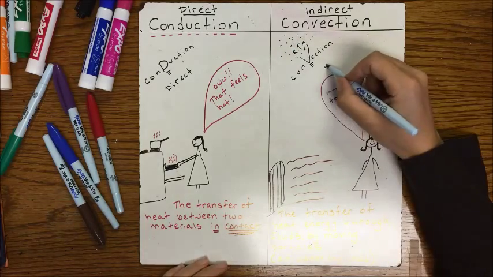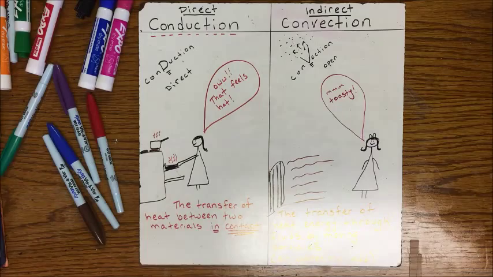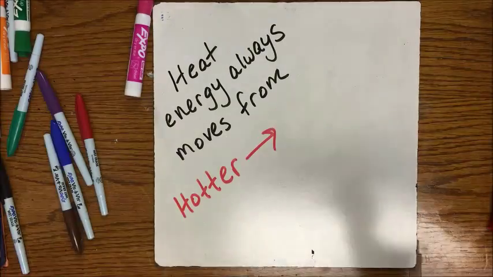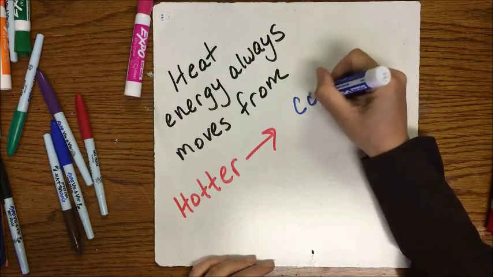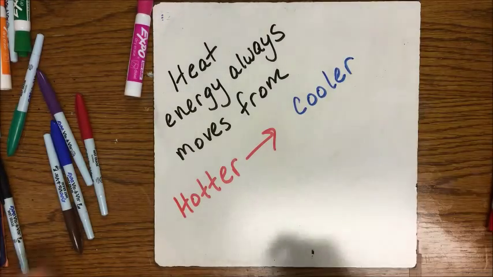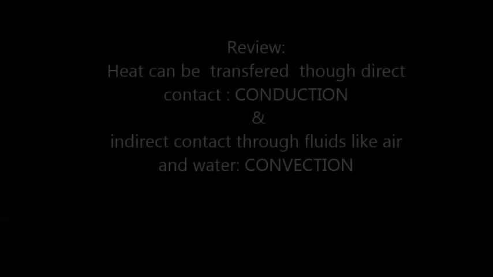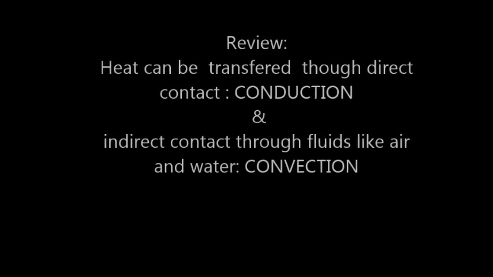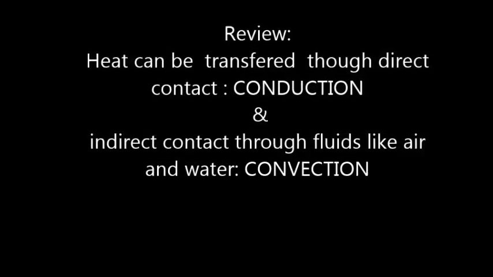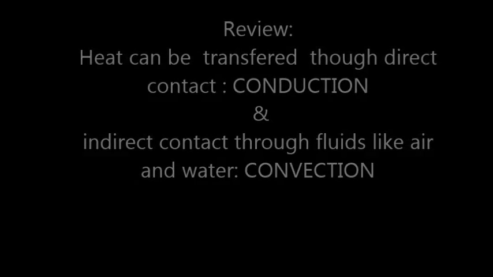So that would be convection, and that's a good way to remember both of those. Now, heat energy always moves from the hotter material or the hotter area to a cooler area, and that is why when you heat a room, it is from warmer to cooler. So a quick review: heat can be transferred through direct contact or conduction, or indirect contact through convection.